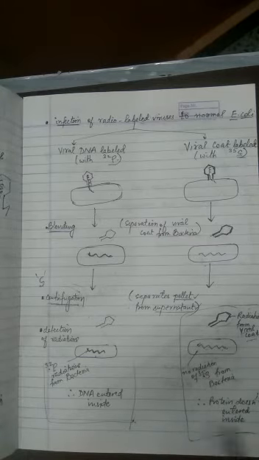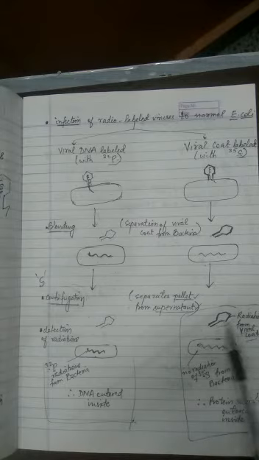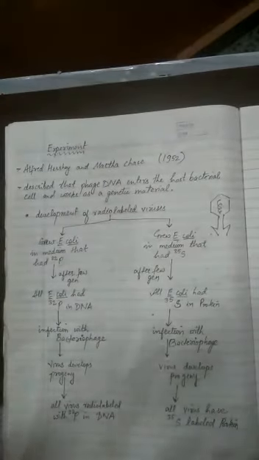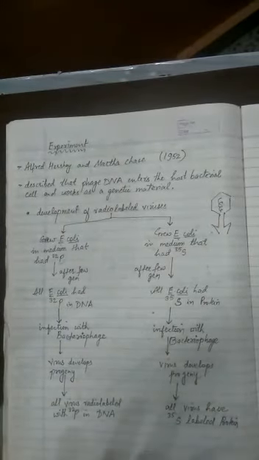That means protein does not enter inside, but radiations were coming from the supernatant. So this confirmed that proteins are not the genetic material, but DNA is the genetic material, and now universally everybody started trusting this concept.